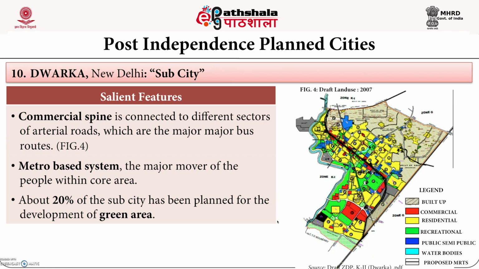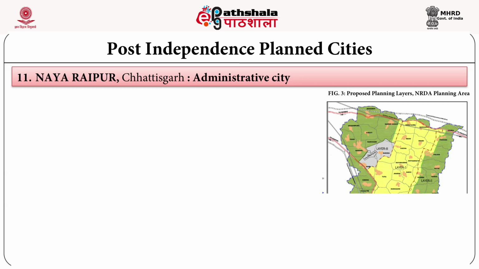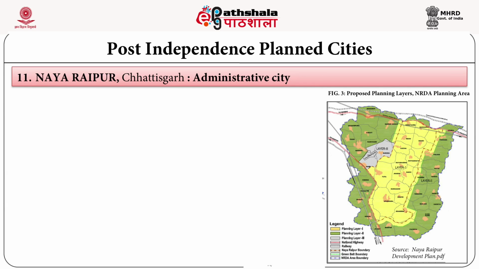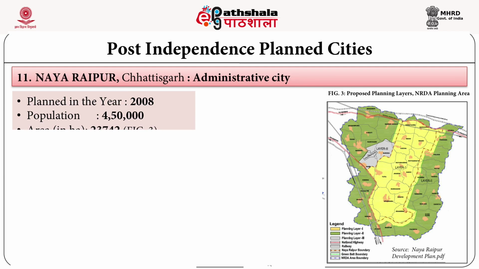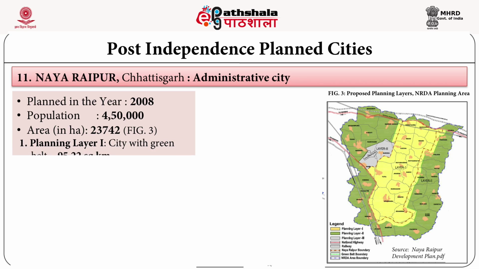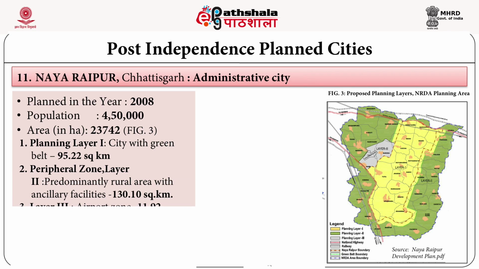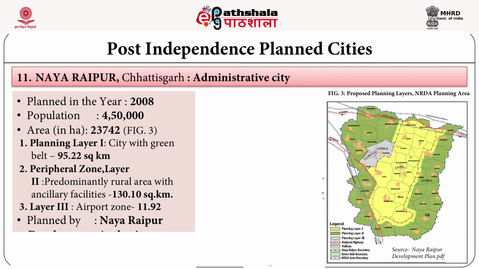And then we come to the next city, that is Naya Raipur in Chhattisgarh, which was planned as an administrative city. It was planned in the year 2008 with a population of about 4.5 lakhs and an area of about 23,742 hectares. Out of that, planning layer 1, that is the city with green belt, is nearly 10,000 hectares, which is approximately 43 to 45% of the entire area.